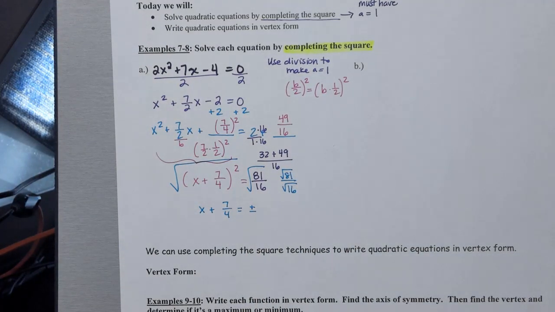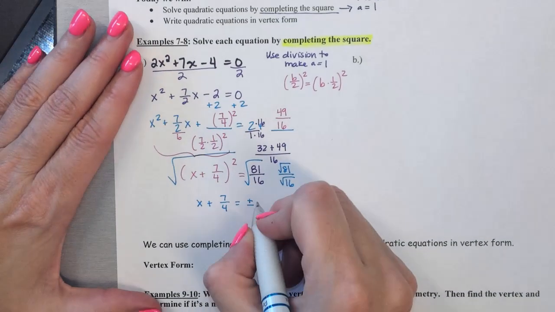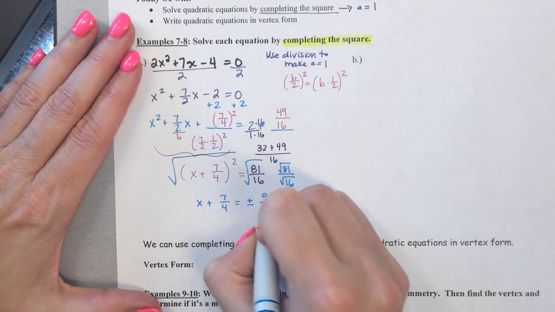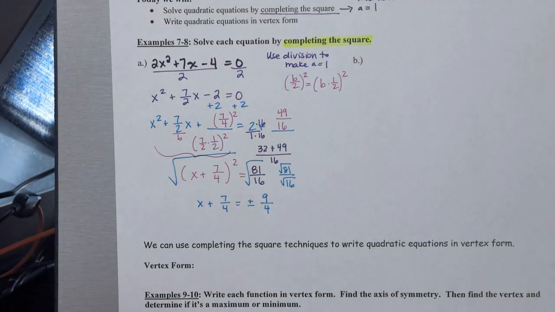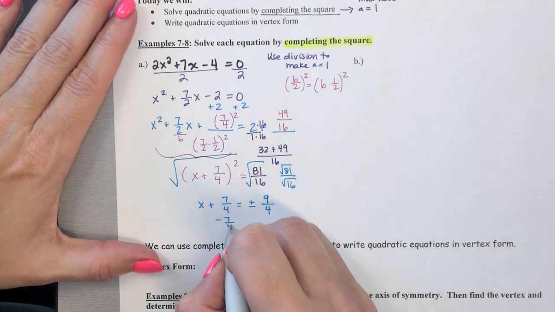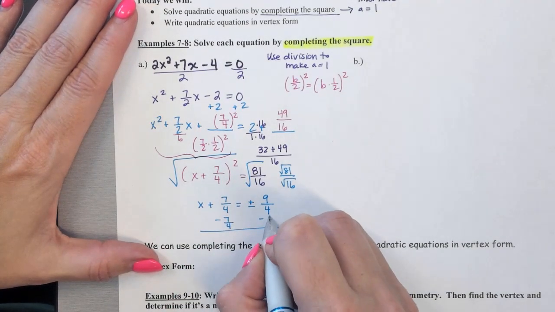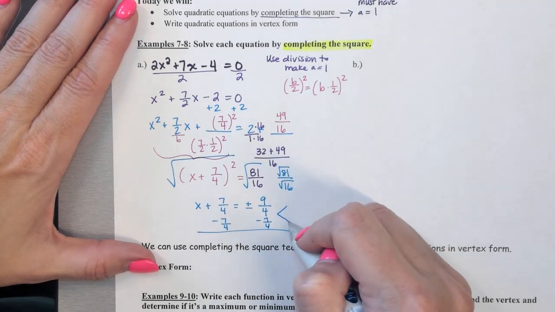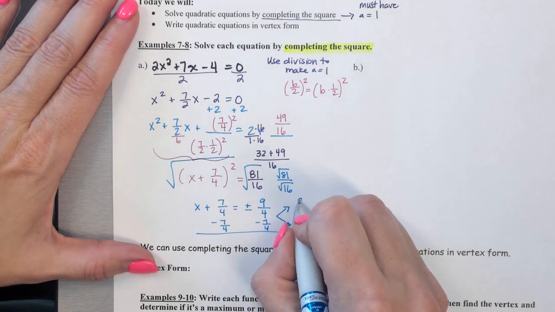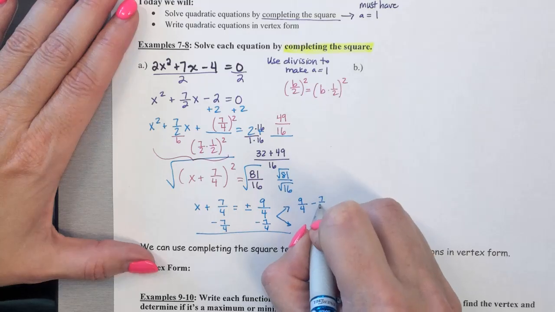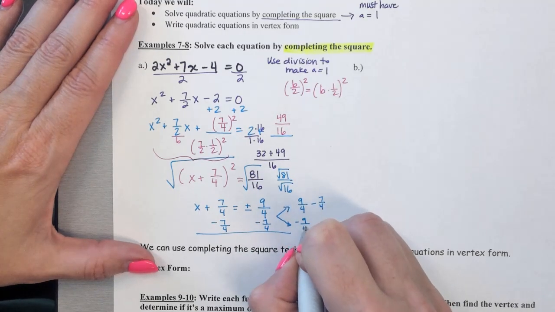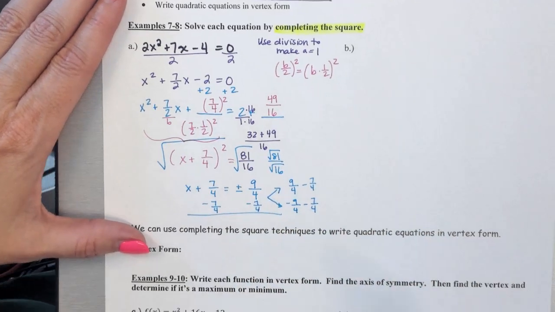Okay, so once you do your square roots, you have plus or minus 9 over 4, and then when you subtract this, you have two different answers. You have 9/4 minus 7/4, and you have negative 9/4 minus 7/4.